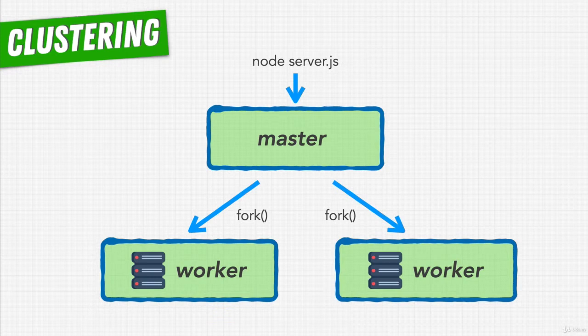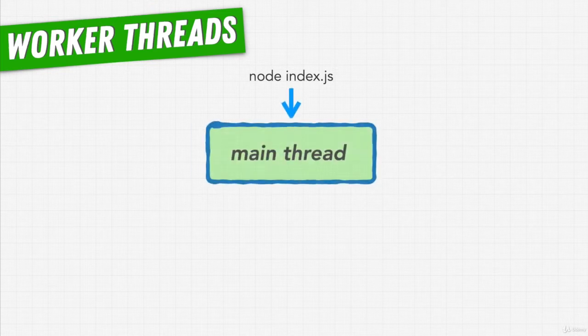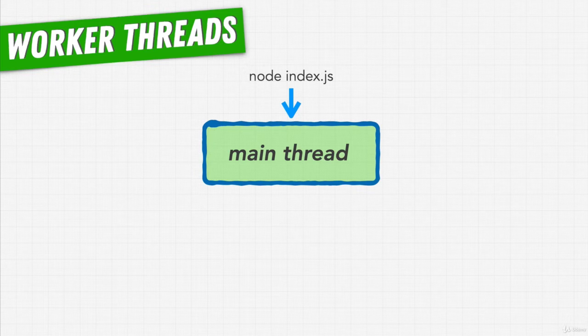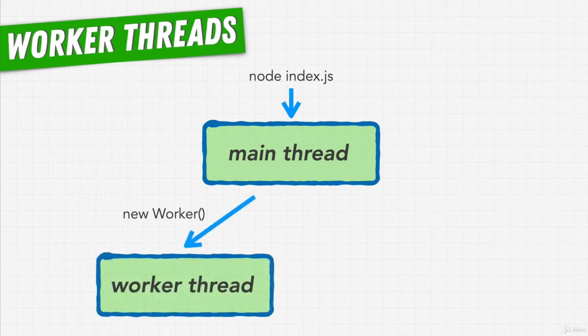In comparison with worker threads, when we run our JavaScript file, we create what's called the main thread. This thread can use the worker constructor to create a new worker thread by calling new on the worker constructor.